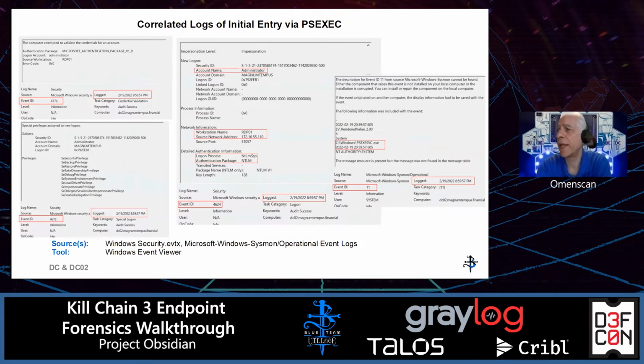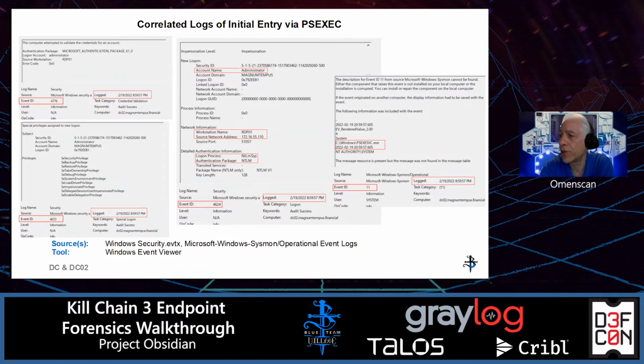Here we're seeing evidence of PsExec. Now, this is important because what we see here is the two machines that are being attacked, right? We see DC02 and RDP01. So we see RDP01 authenticating to DC02, and then we see DC02 running the service that allows PsExec.